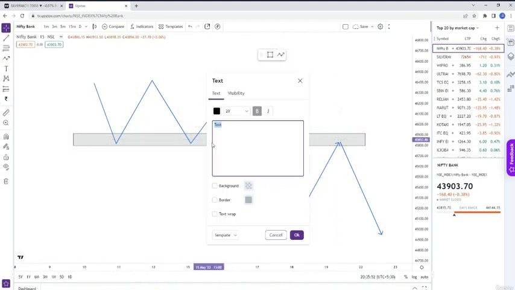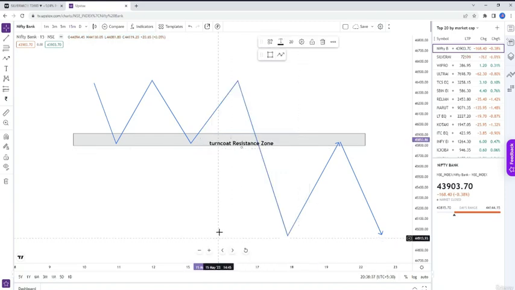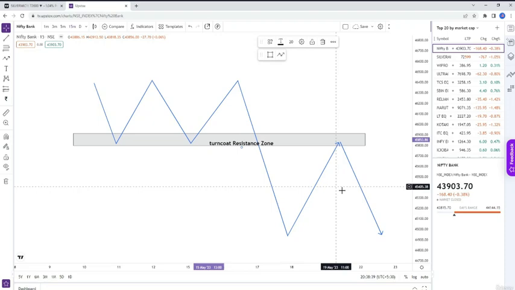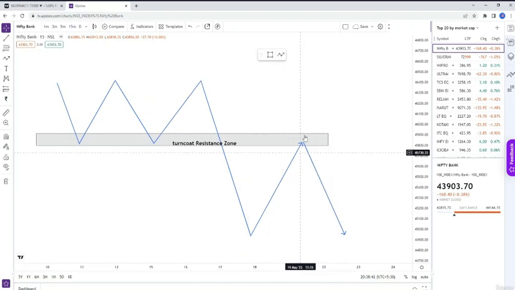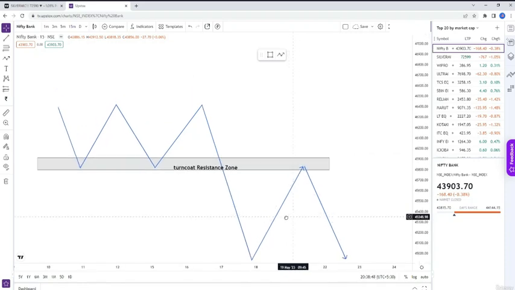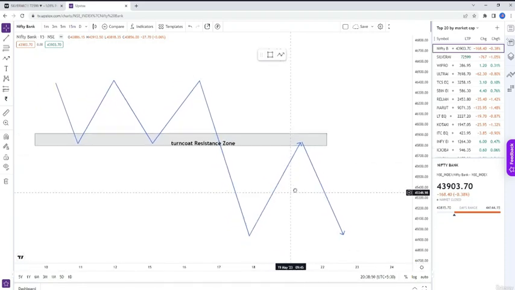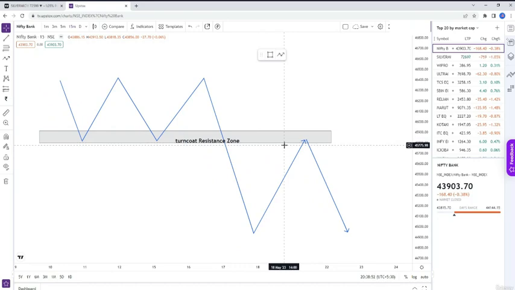So this is called turncoat resistance zone. So when the market comes back, I'm only interested in selling in the area. This is my favorite area where I always plan my trade in Bank Nifty.